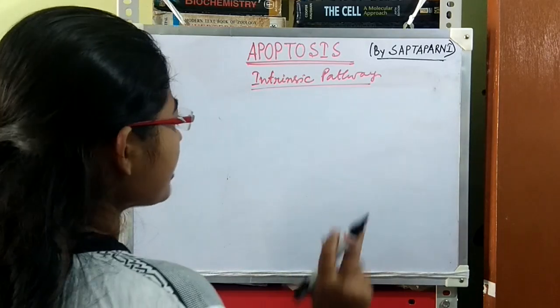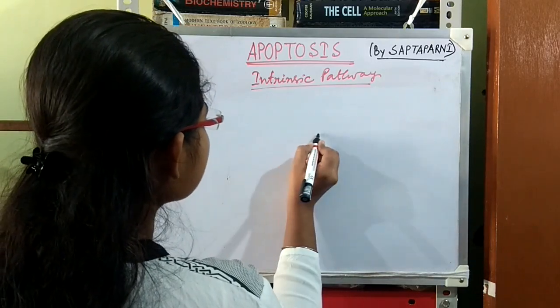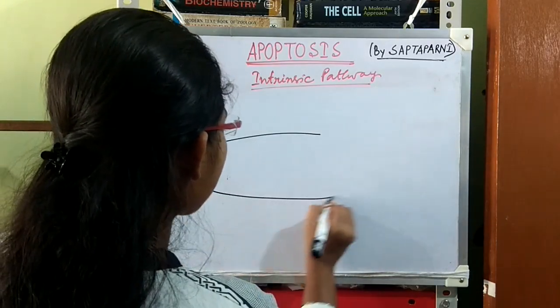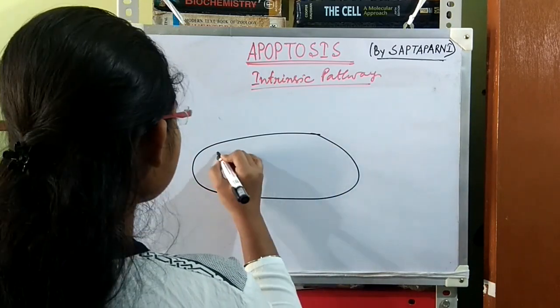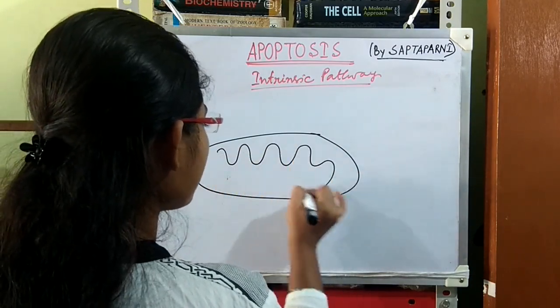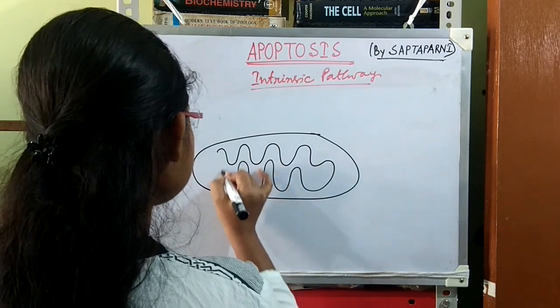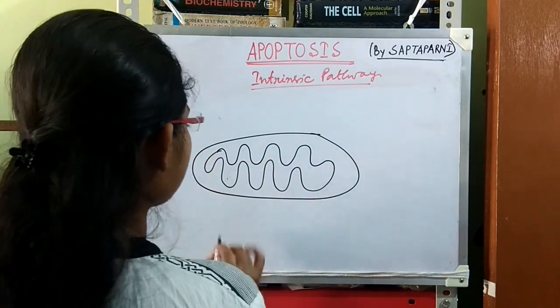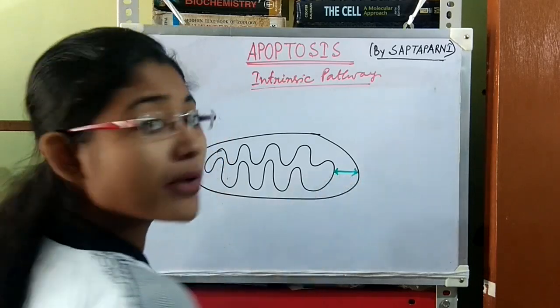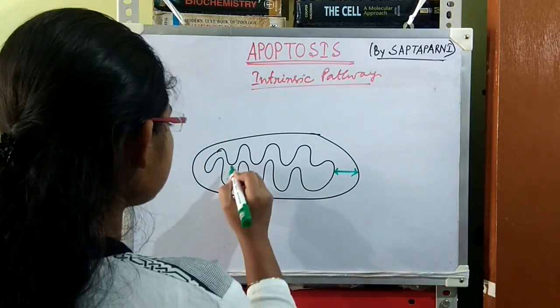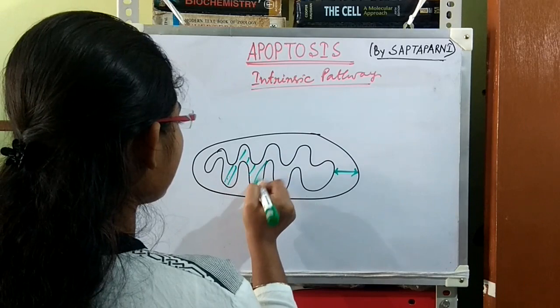See, we have learned that in the intrinsic pathway, this is the outer membrane of the mitochondria, and let's say this is the inner membrane of the mitochondria. So this space is the intermembranous space, and this is the matrix inside the mitochondria.